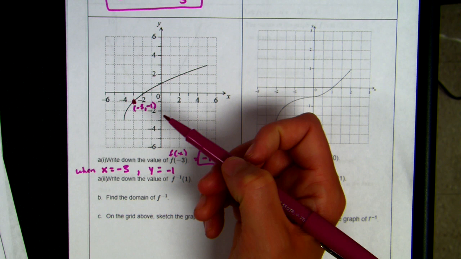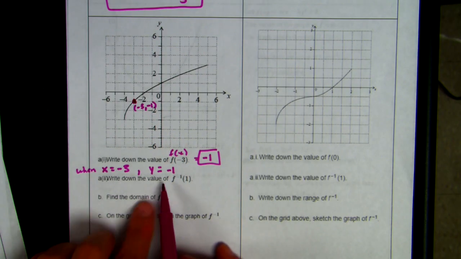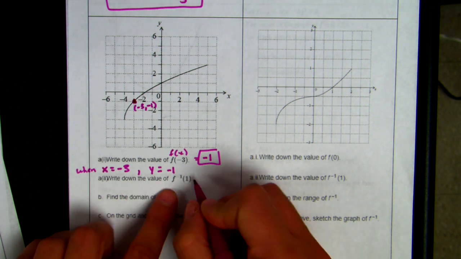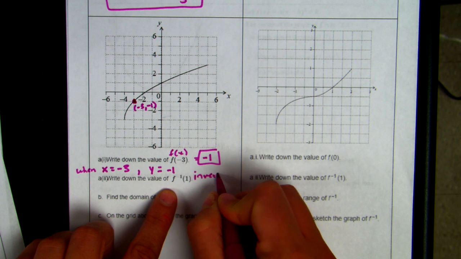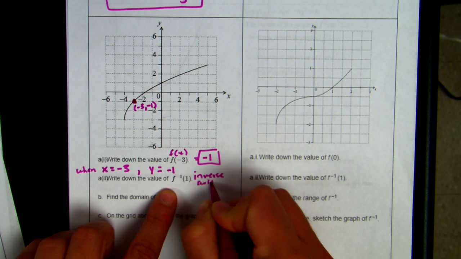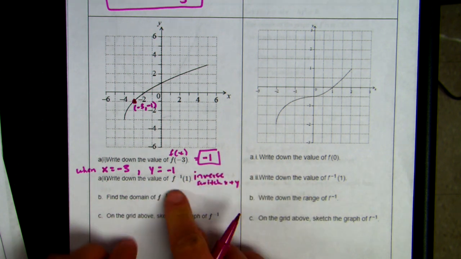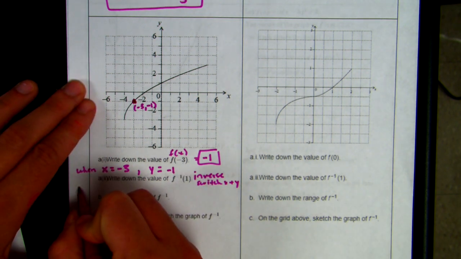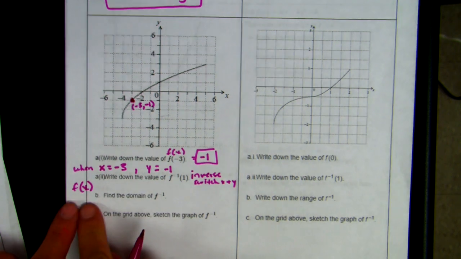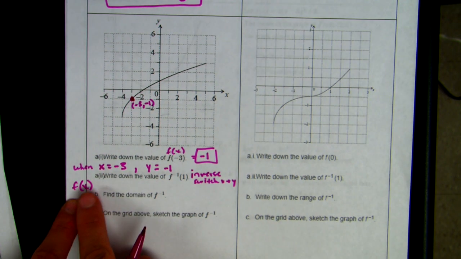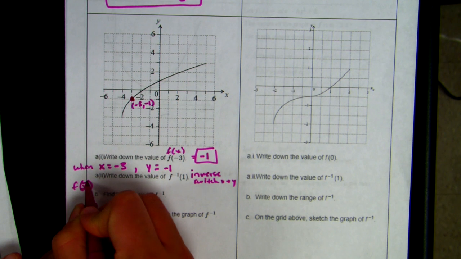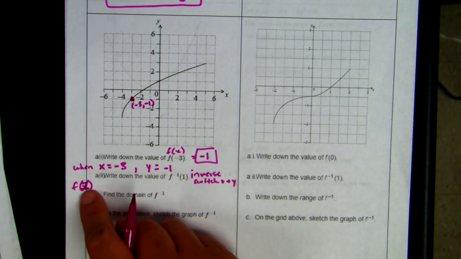Next this says write down the value of f to the negative 1 of 1. So this is asking, remember this notation means inverse. Inverse means switch x and y. So what I'm going to say is, what is the point on the actual function? On the actual function, when my x value is 1, what is the actual point?